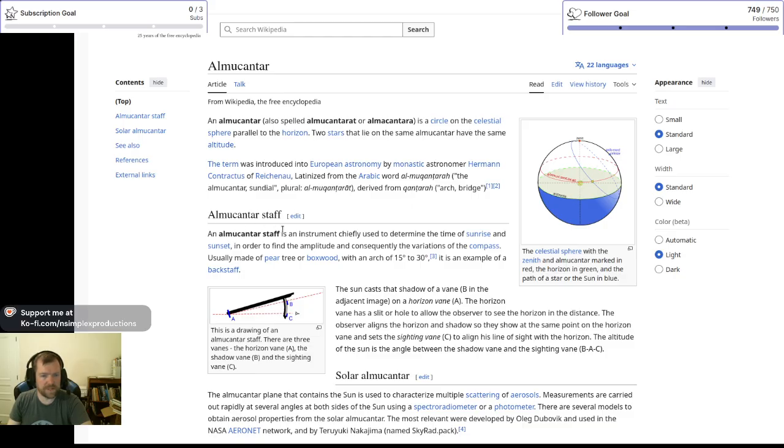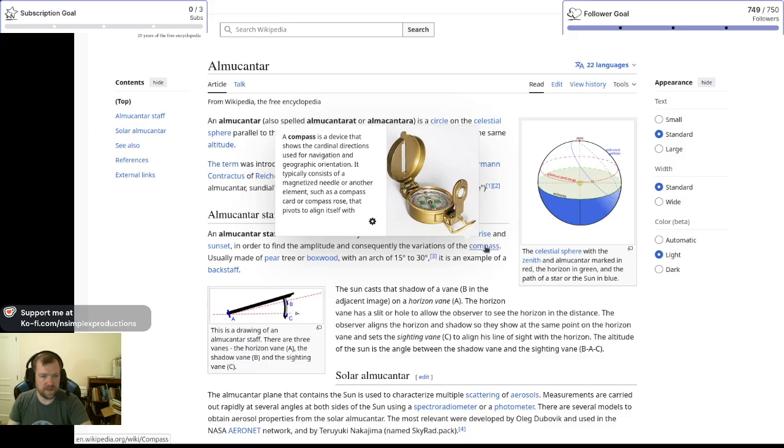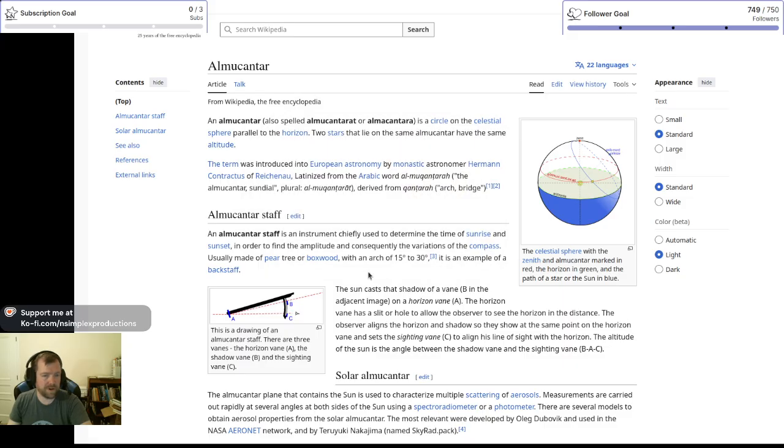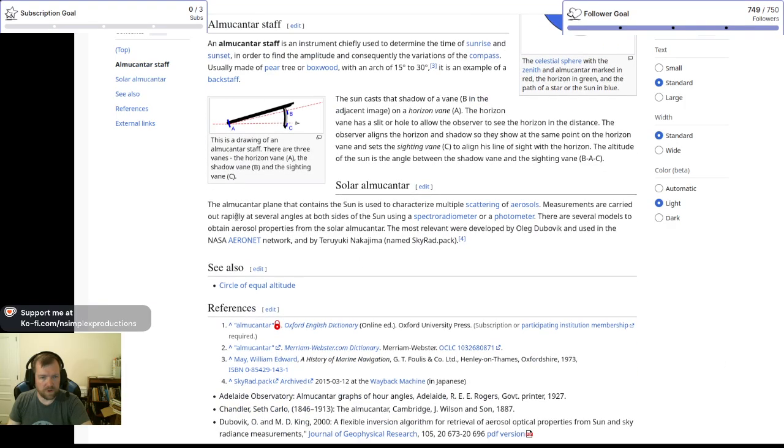Almacantar staff is an instrument chiefly used to determine the time of sunrise and sunset in order to find the amplitude of, consequently, the variations of the compass. Usually made of pear tree or boxwood with an arch of 15 to 30 degrees, it is an example of a backstaff. Solar almacantar.